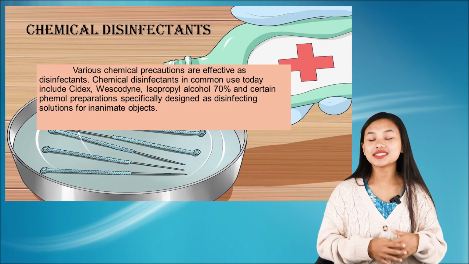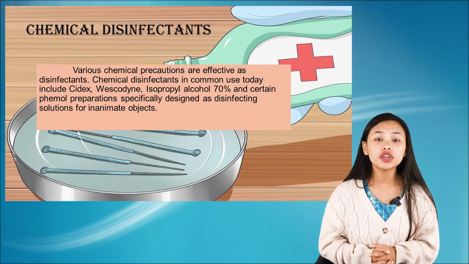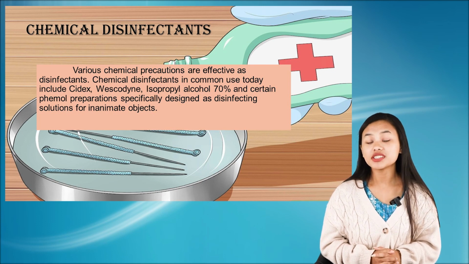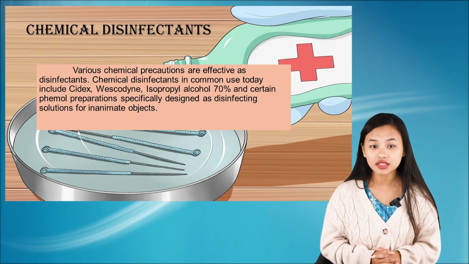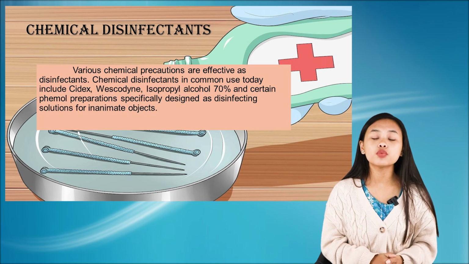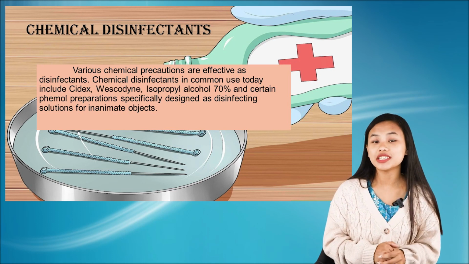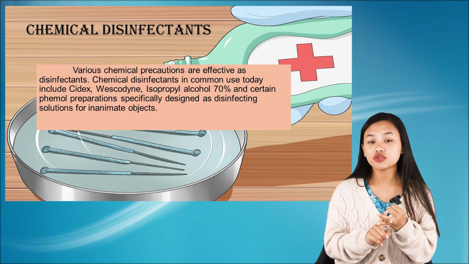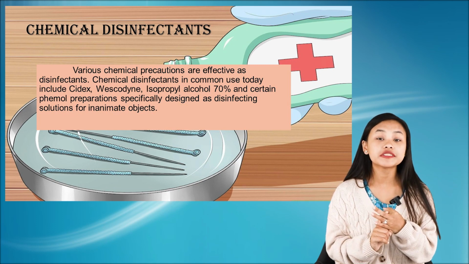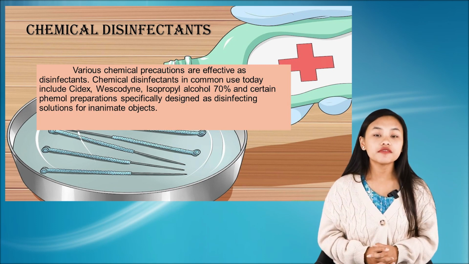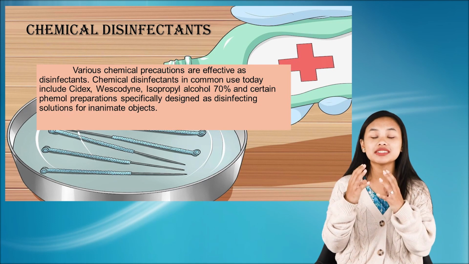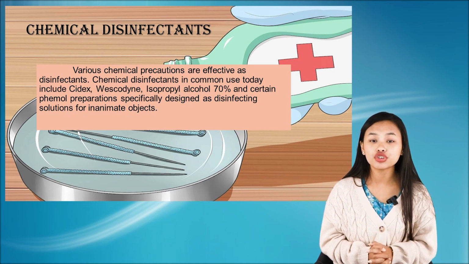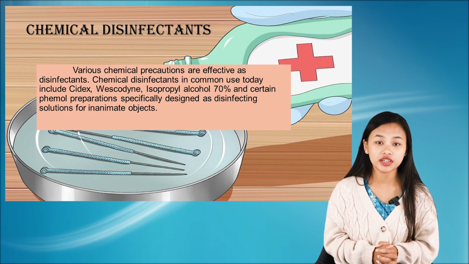And the next one is the chemical disinfectants. So here, many chemical preparations are effective as disinfectants. The chemical disinfectants which are commonly in use today include Cidex, Vescodyne, isopropyl alcohol of 70%, and certain phenol preparations that are specially designed as a disinfecting solution for inanimate objects.